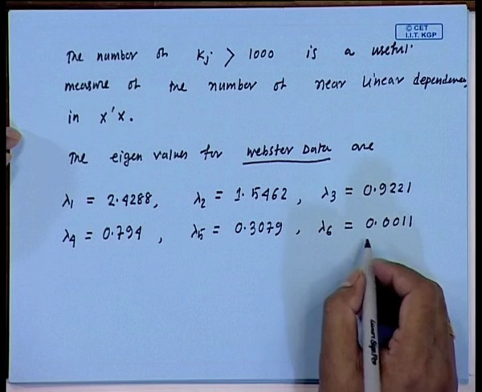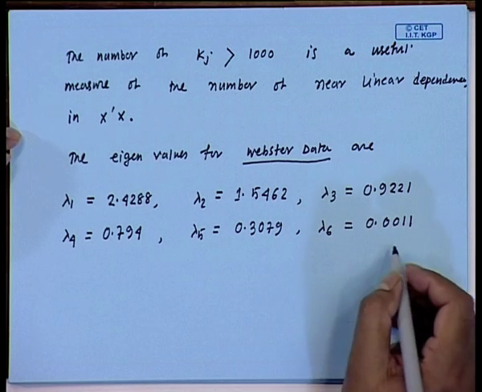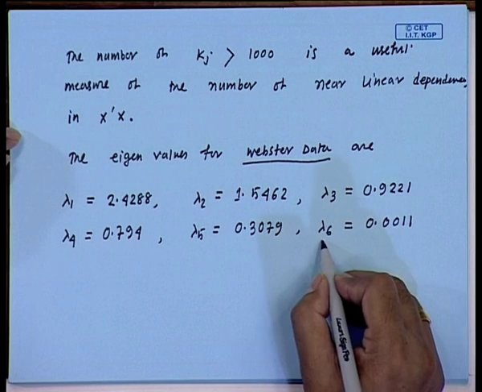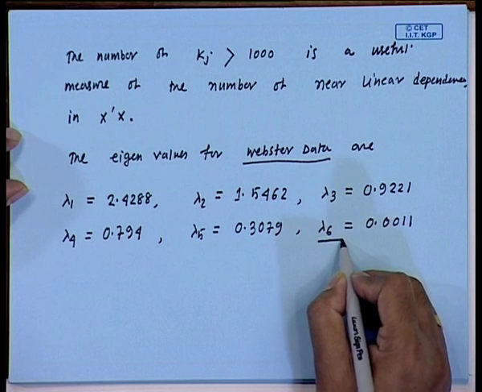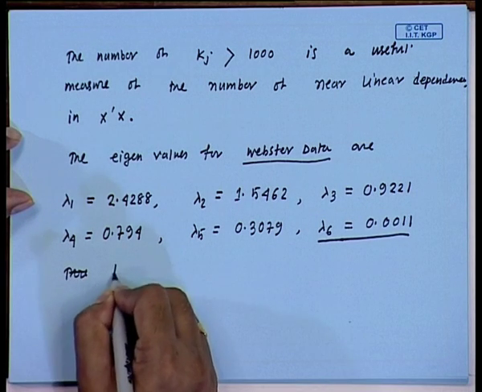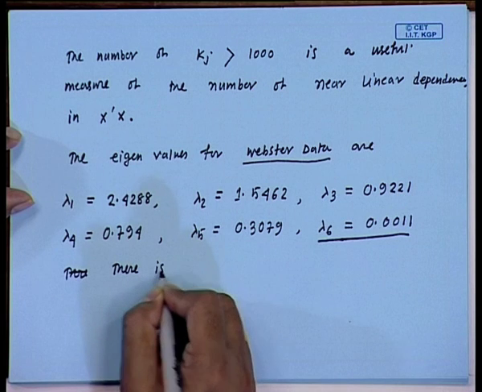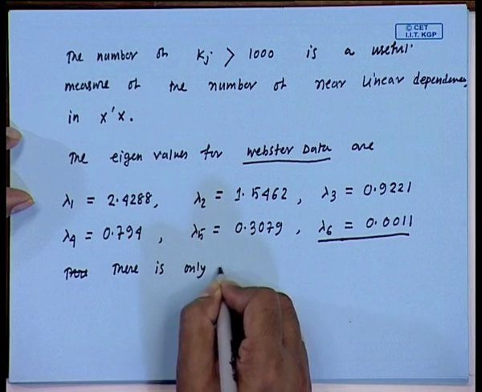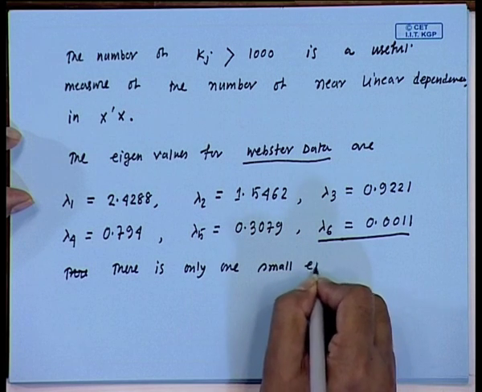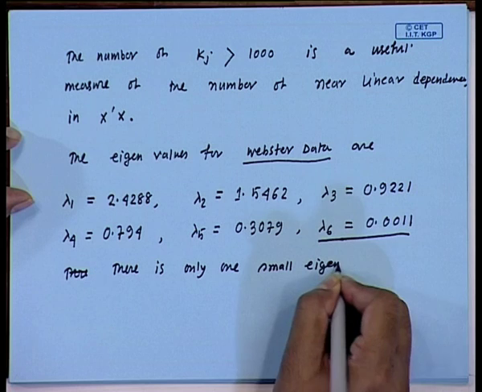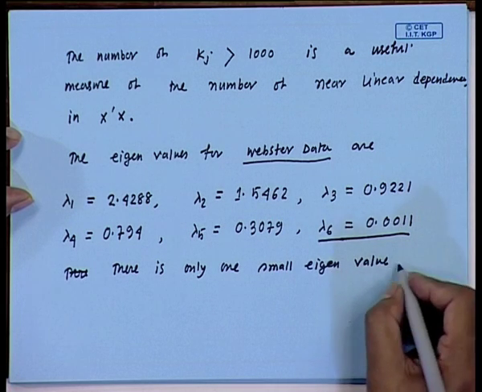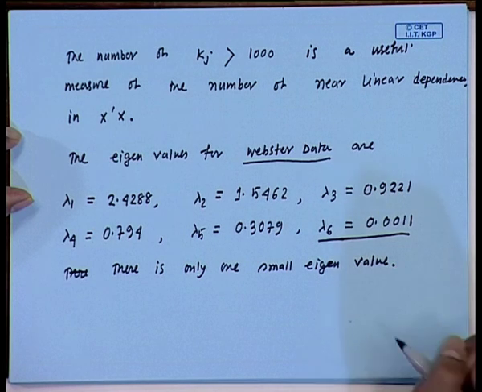So, the smallest eigenvalue is very close to 0. So, we say that there is only one small eigenvalue. Okay.